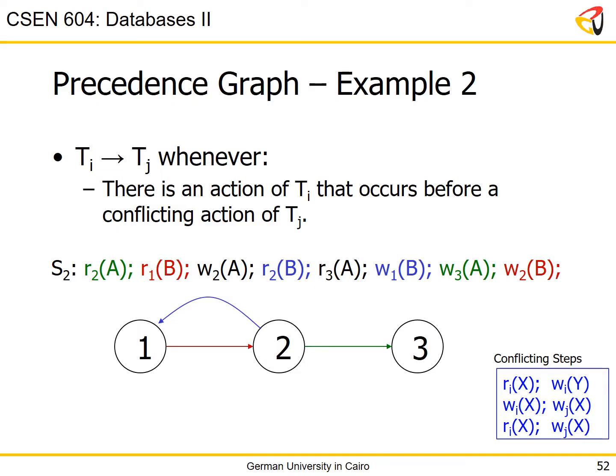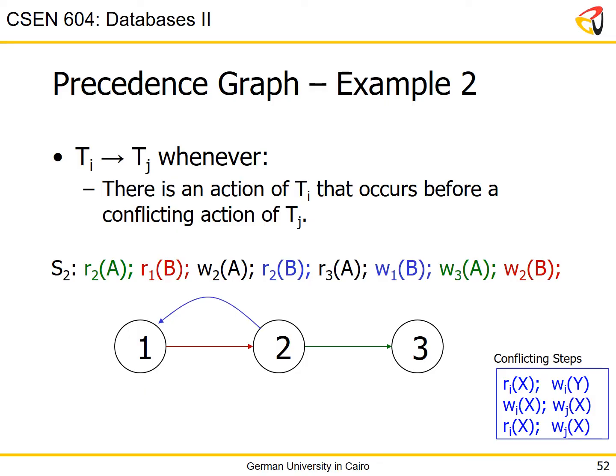It cannot be both. Once you have a cycle, you know that the result is not going to be consistent with any serial schedule, because I am supposed to deduce from the graph which serial schedule this is producing an output that is similar to.